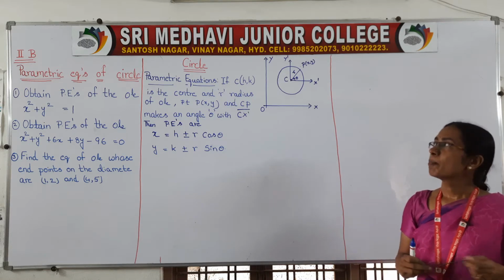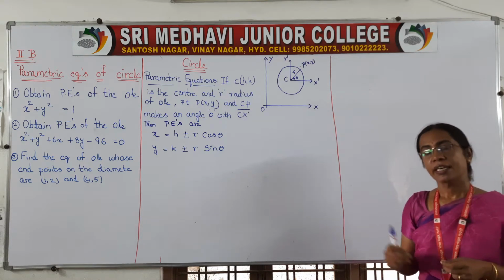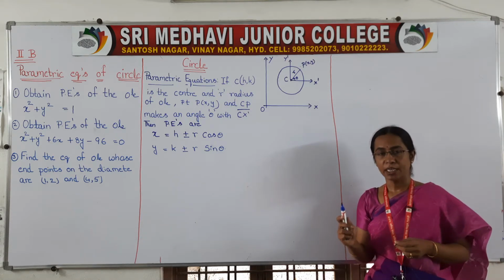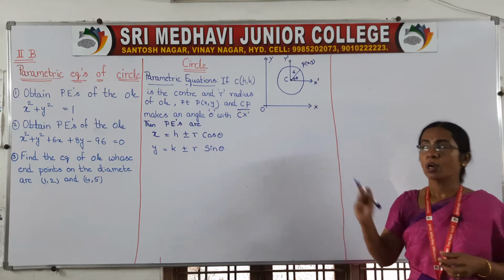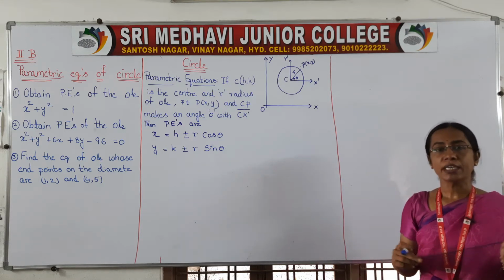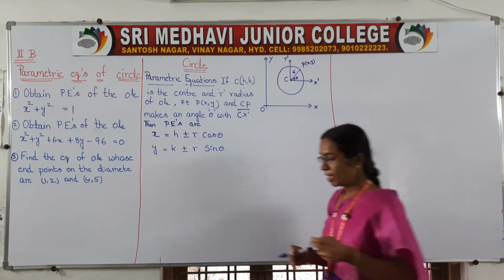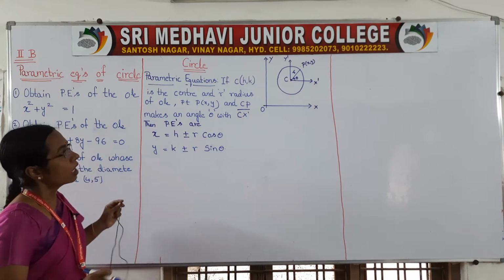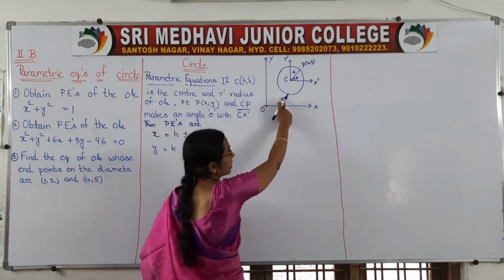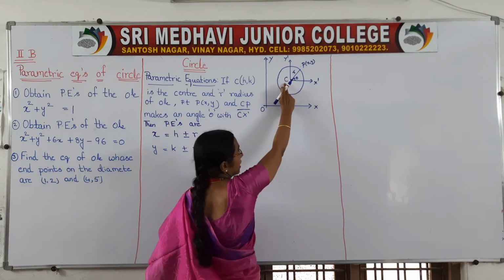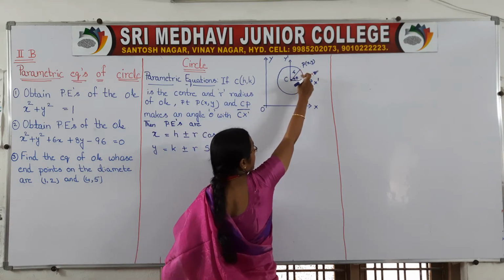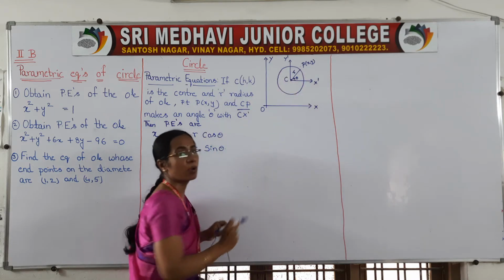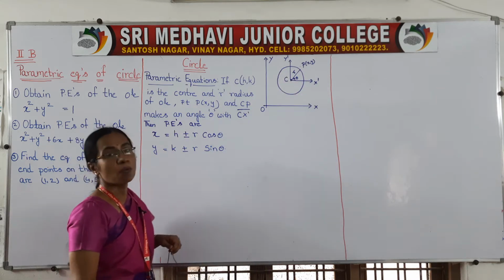Its name is parametric equations: the definition of parametric equations and problems based on them. What is meant by parametric equations of a circle? Observe here, a circle is there whose center is C and this is the radius, and it passes through the point P(x, y).